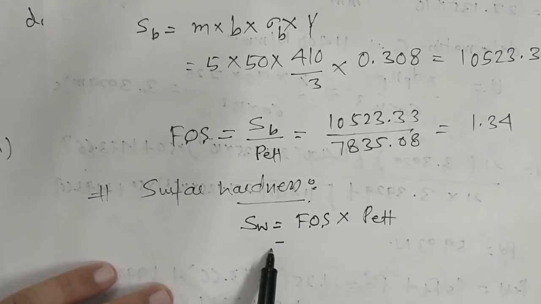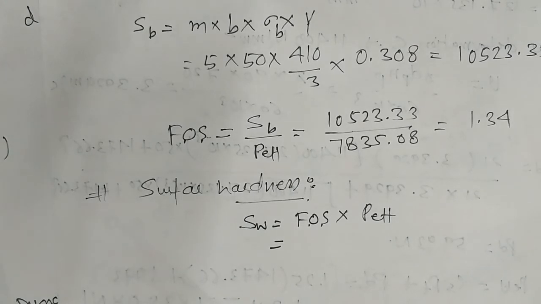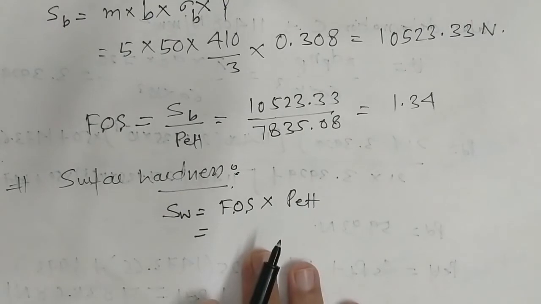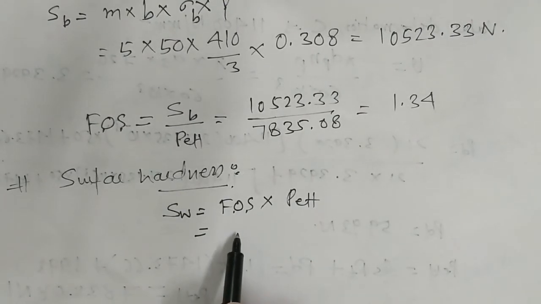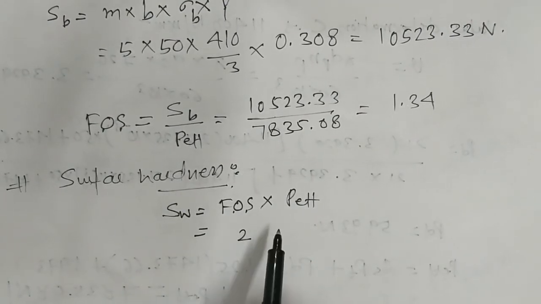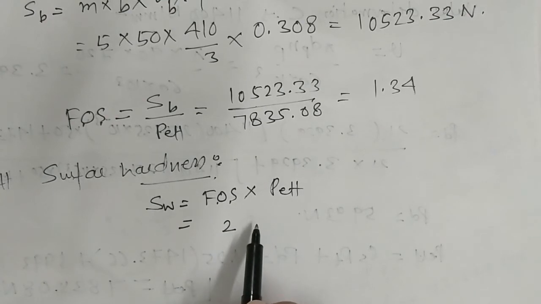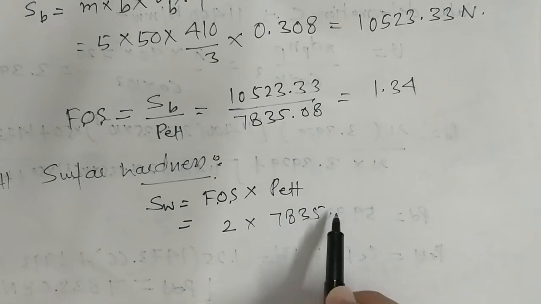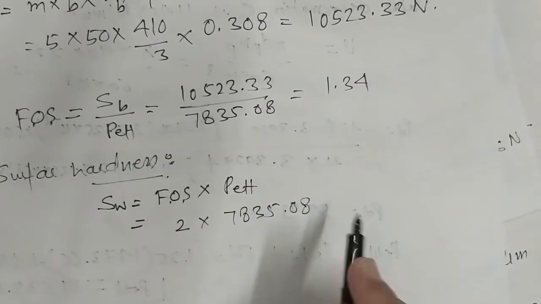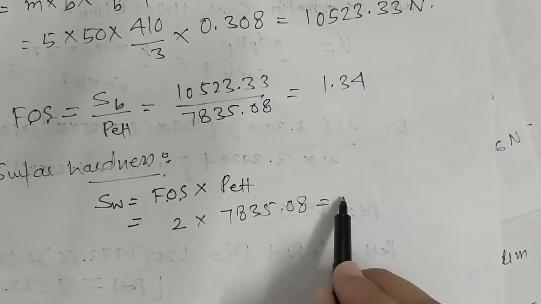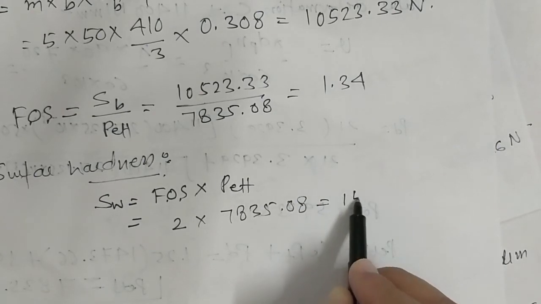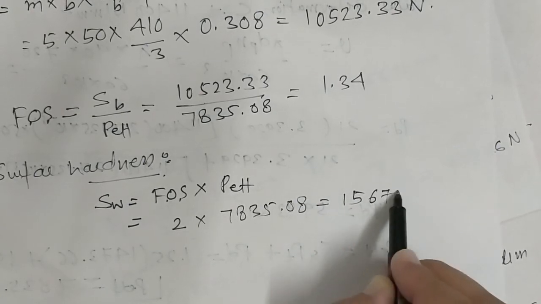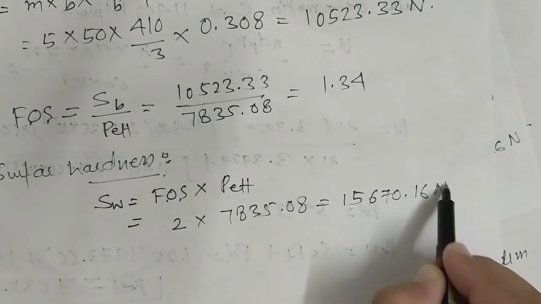In the problem we are given factor of safety 2, and P effective is 7835.08. So SW becomes 15670.16 Newton.